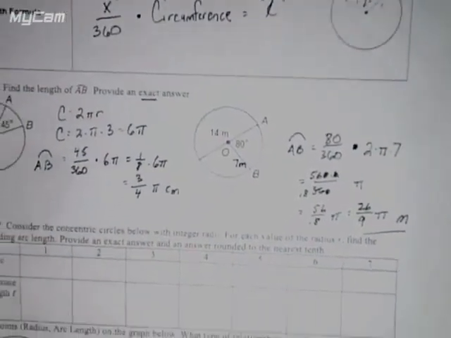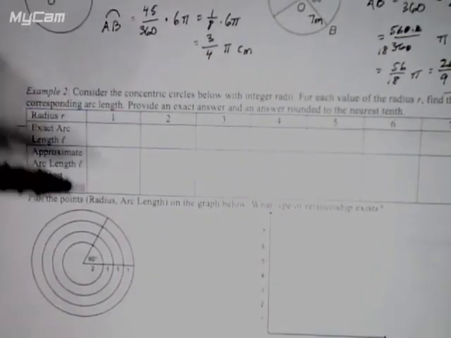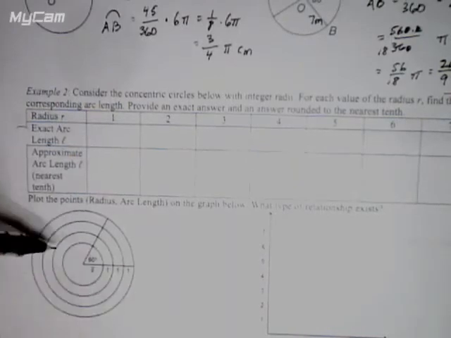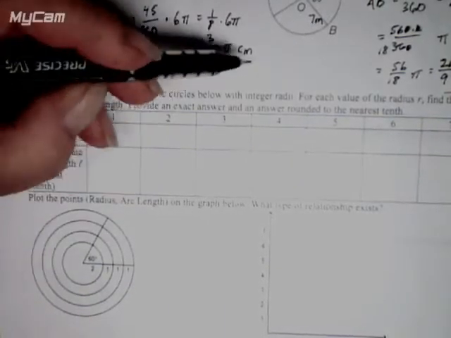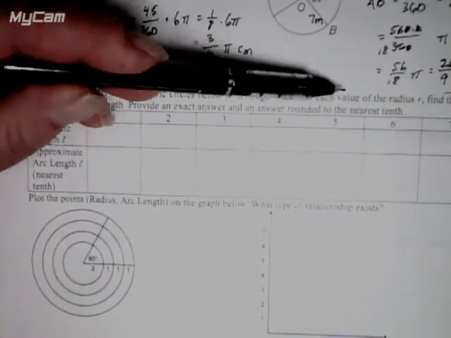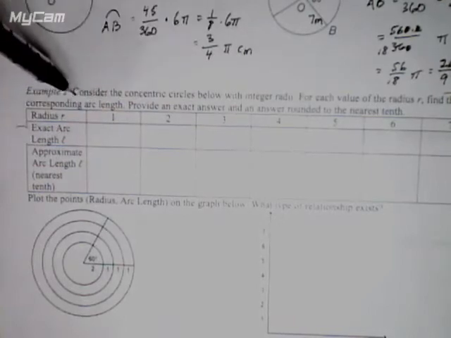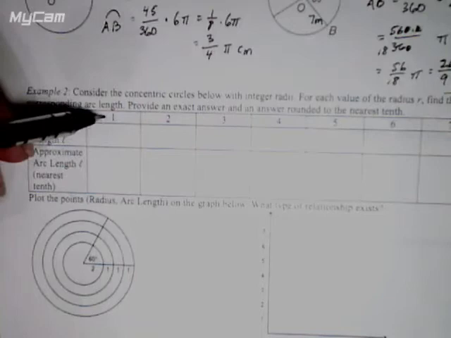Example 2. I'm going to look at how this thing builds out if you have concentric circles. We have integer radii, that means whole number radii. For each value of the radius r, find the corresponding arc length. Now we have a radius of the first circle of 1.